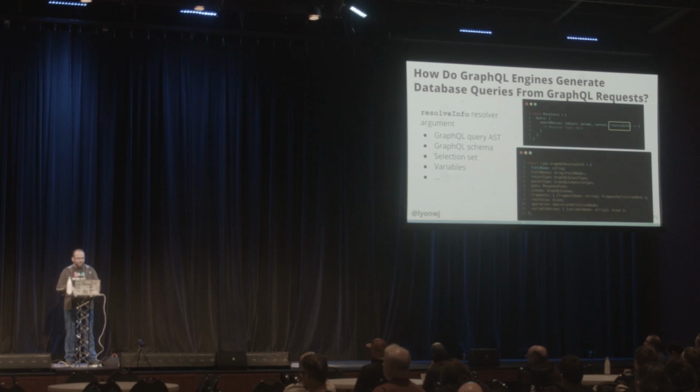Inside the resolve info object, we have lots of information about the GraphQL query. So we have the AST, the abstract syntax tree of the query. We also have the full schema. We have the selection set, so we know what fields the user is requesting. So these integrations basically just take that object and iterate over the query AST and the schema to generate a database query, which is pretty cool.